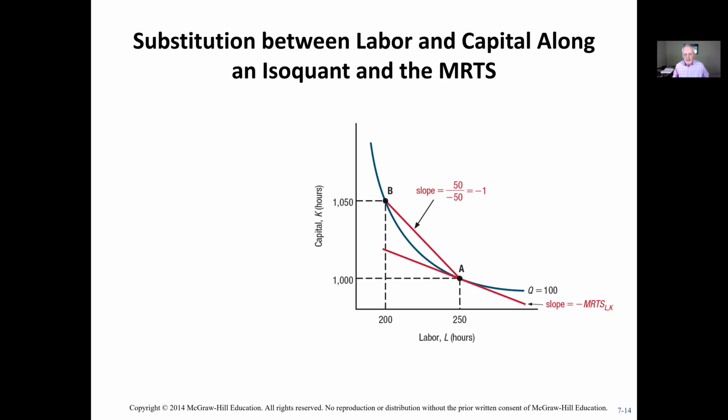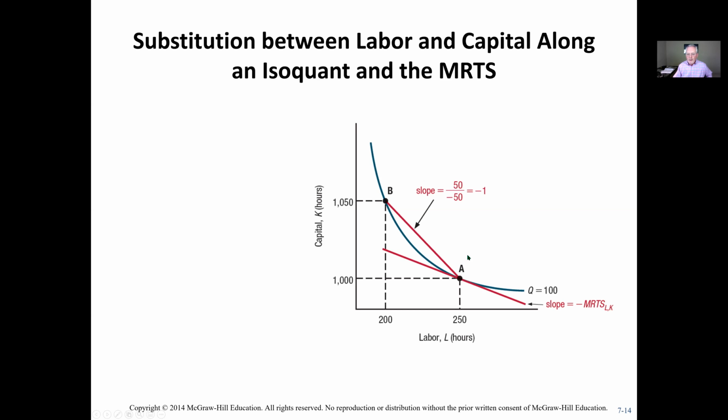It says that I can give up 50 units of capital. From B to A, I go from 1,050 units of capital to 1,000, so I've traded away 50 units of capital. In exchange, I add 50 units of labor, and output, since we're on the same isoquant, is unchanged. So the slope of this secant line here is -1.